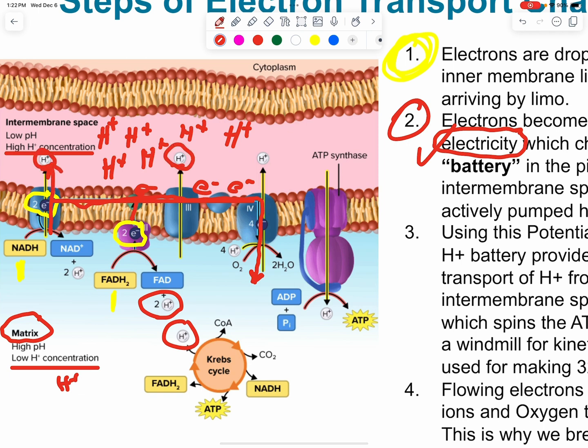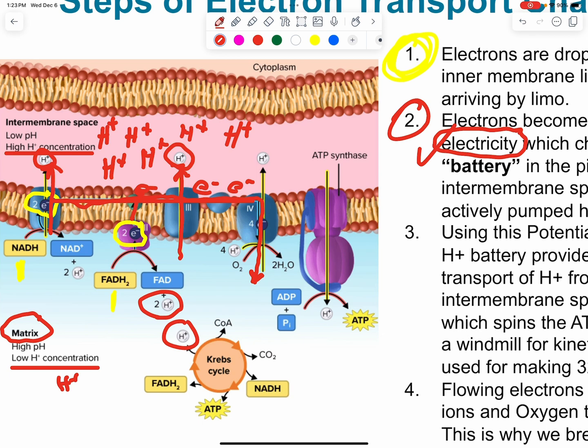So these have already been pumped up here with the movement of electrons flowing through. These are proteins and chemical reactions are happening here to pass the electron off like a hot potato from one molecule to the next.